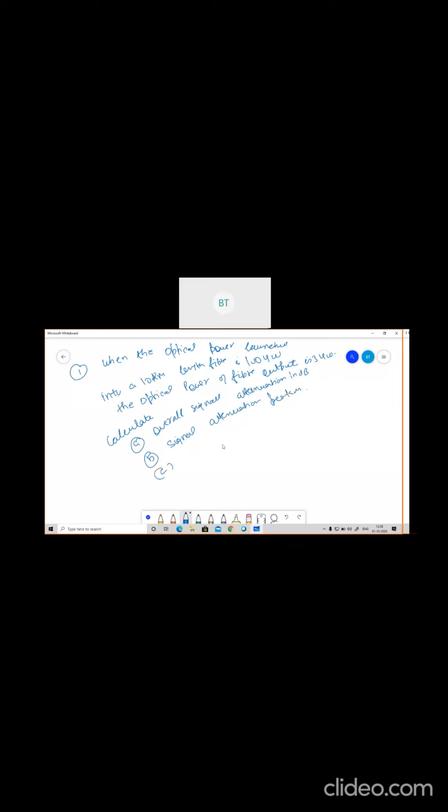Third, they are asking you to calculate the overall signal attenuation for a fiber where the splices are given.